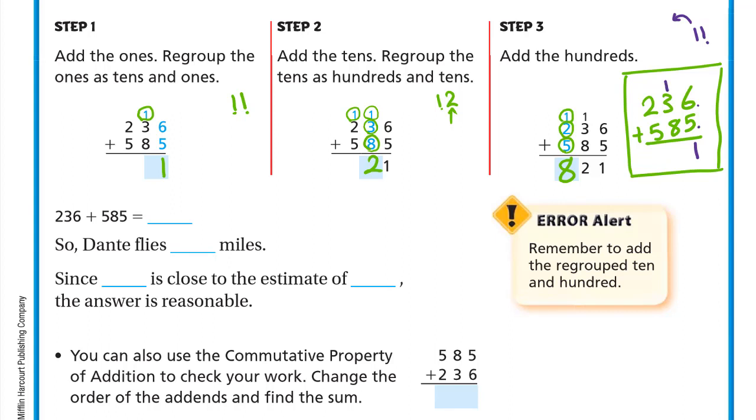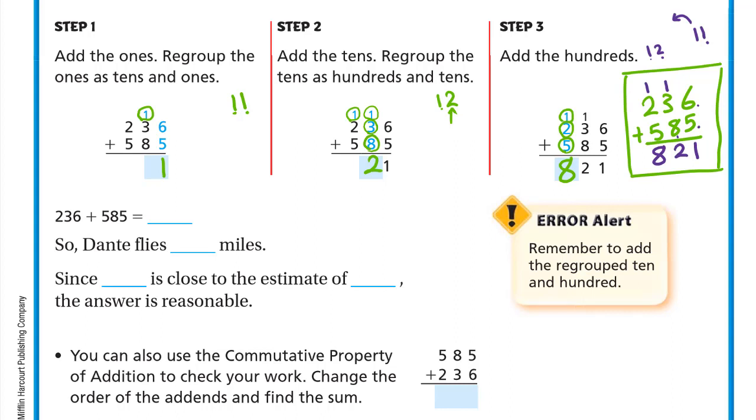So in tens I'll have 1 plus 3 plus 8. So now 1 plus 3 is 4. 4 plus 8, it's a 12. Again 12. I'll write the 2 and I'll carry up the 1. So at hundreds we have 1 plus 2 plus 5. 1 plus 2 is 3, 3 plus 5 is 8, so it's 821.